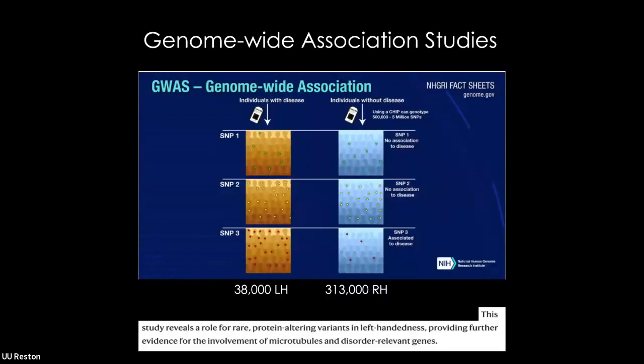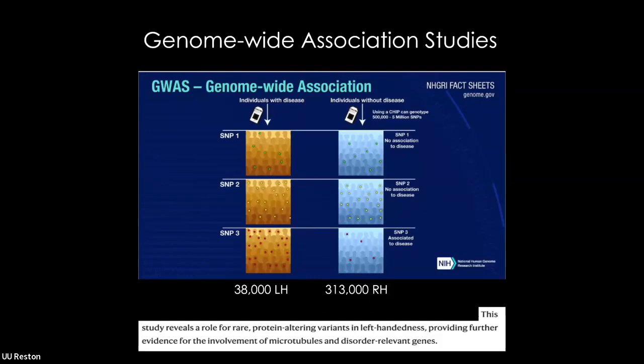And I just thought I would take this slide that was done at the NIH explaining what the technique that they use is. This is what's called GWAS, Genome-Wide Association Studies, and it is done a lot if you want to understand what genes are maybe associated with a disease or with a difference. I would not call being left-handed a disease, but what is associated with that.